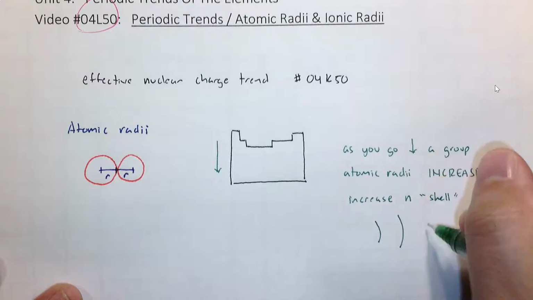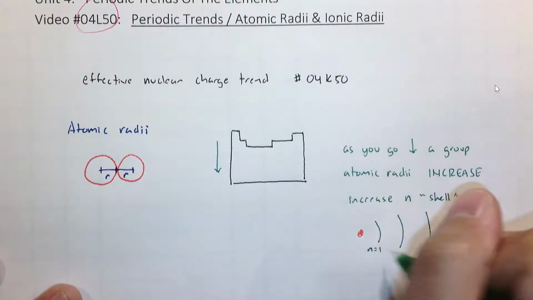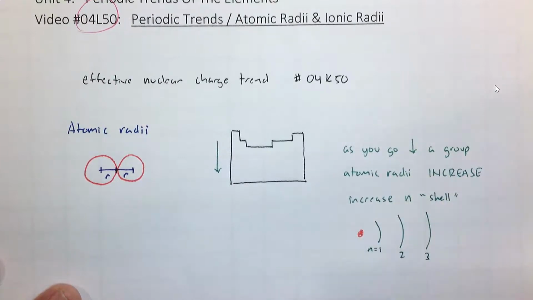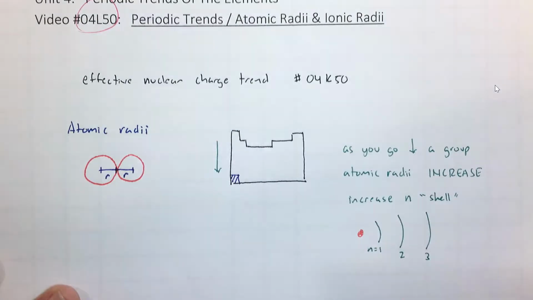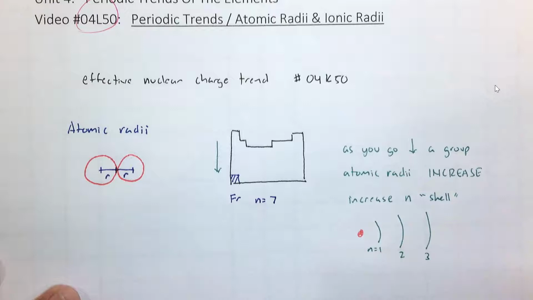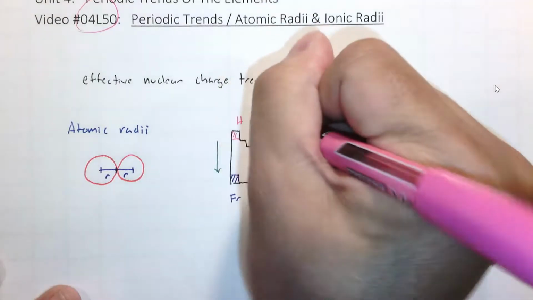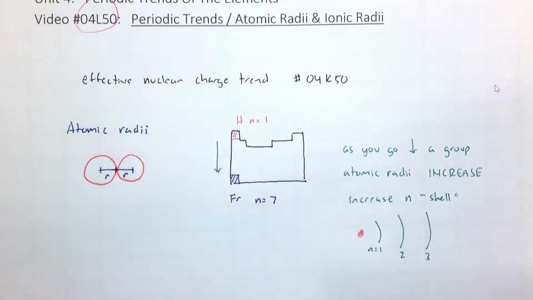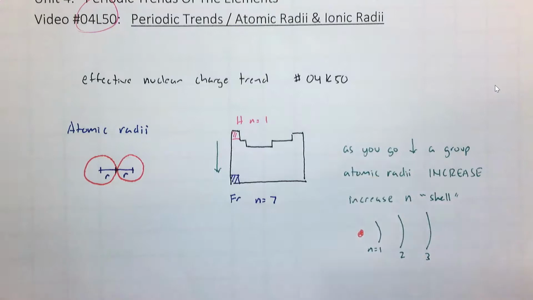And as you get further away from the nucleus, you have n equals 1, 2, 3, etc. For instance, as you look at the periodic table, this southwest corner, that's francium, and n equals 7. Way up here is hydrogen, and n equals 1. Definitely francium is much bigger than hydrogen. So that's our first trend.